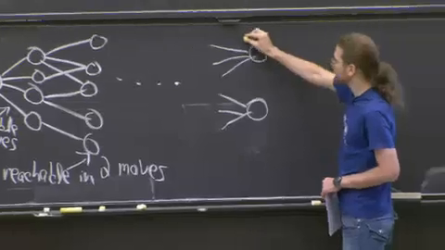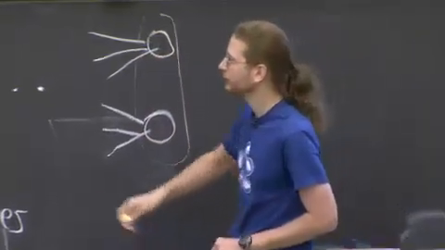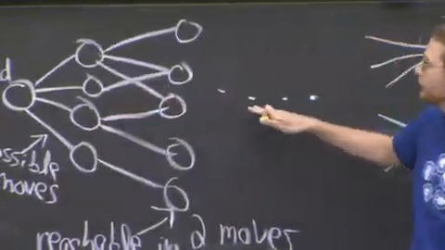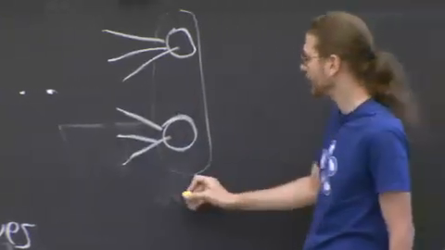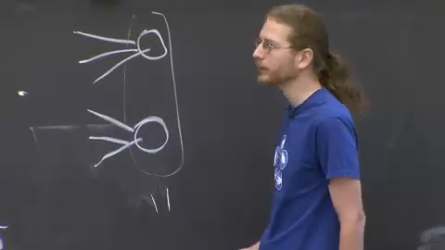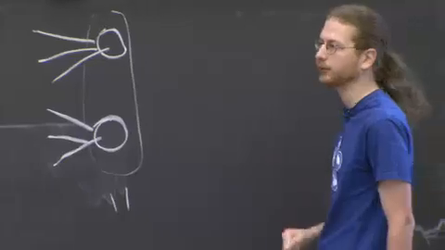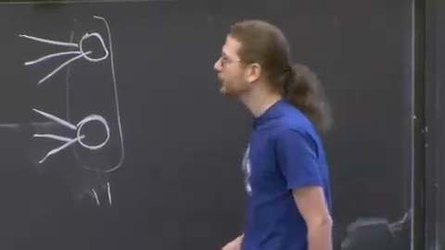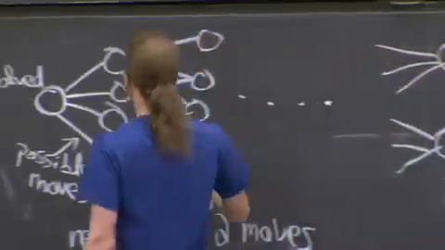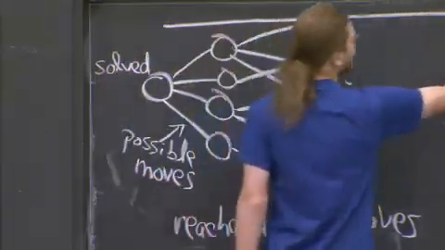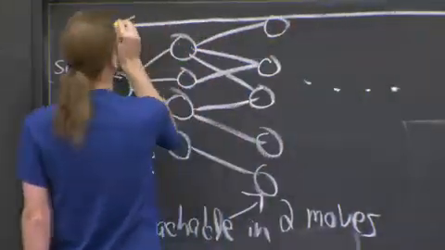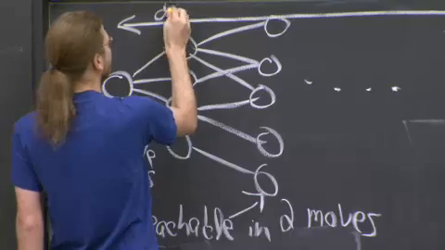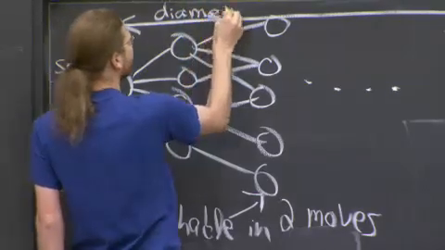This is everything you can reach in 1 move, and 2 moves, and 3 moves. At the end, this would be 11 moves if you allow half twists. And I guess as puzzlers, we're particularly interested in this number, which you would call, as a graph theorist, the diameter of the graph.